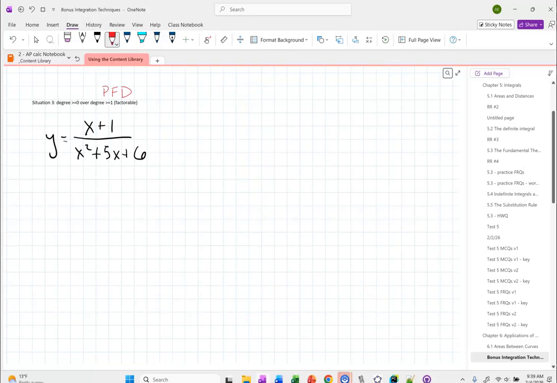PFD, did you guys do this in pre-calculus? Partial fraction decomposition is what that stands for, PFD. Maybe. Okay, well let's work our way through how that's going to work.